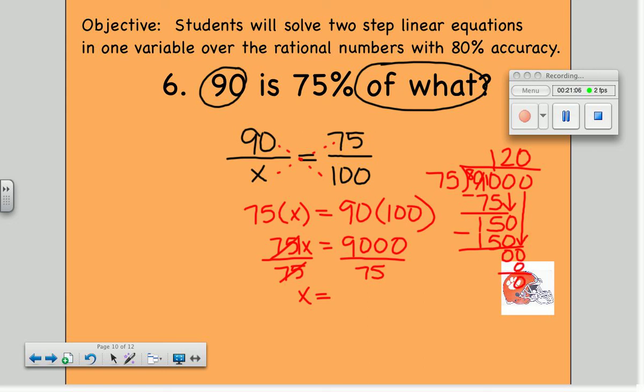So, I have 120. X is 120. That means that 90 is 75% of 120.